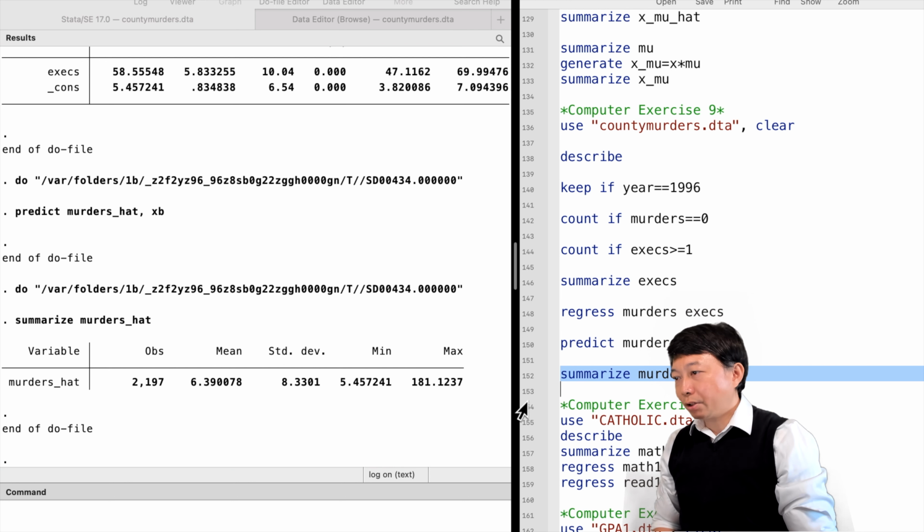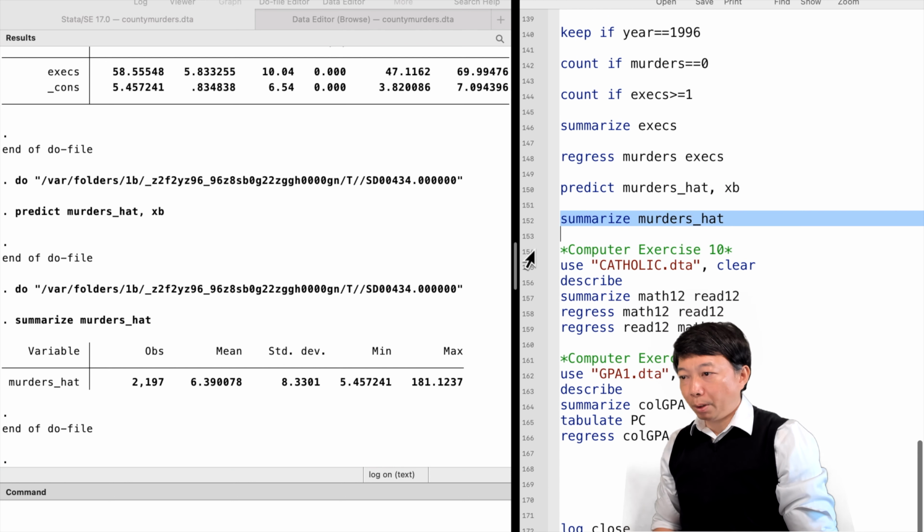For 0 executions, the predicted number of murders is the intercept estimate, 5.46. The residual is the difference between the actual number of murders, 0, and the predicted number of murders, 5.46. That is minus 5.46.